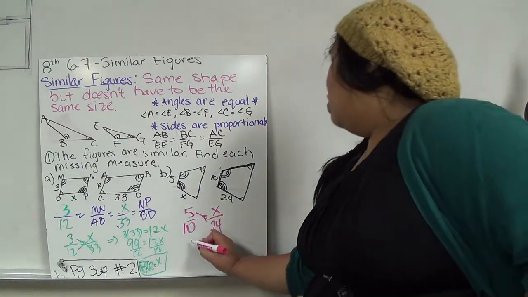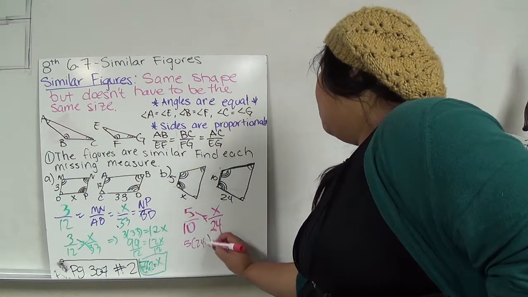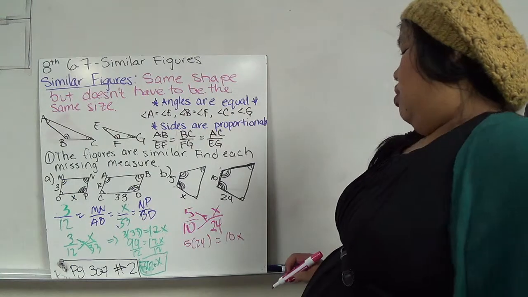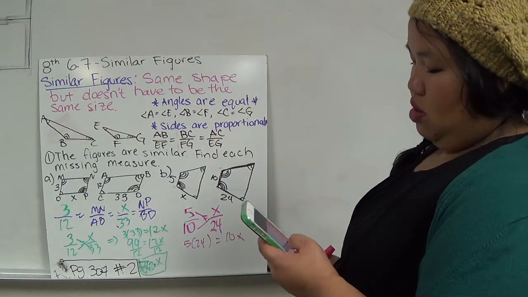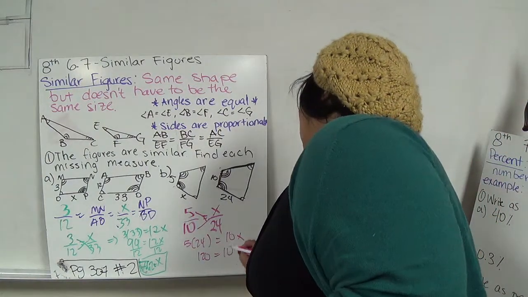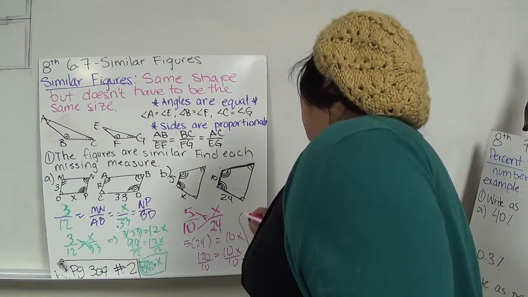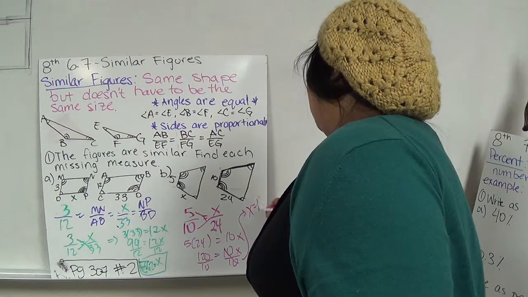So 5 times 24 equals 10x. 120 equals 10x. Divide by 10. This cancels out, and x equals 12.